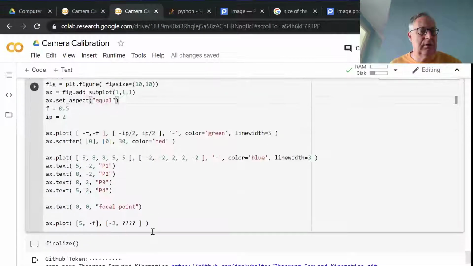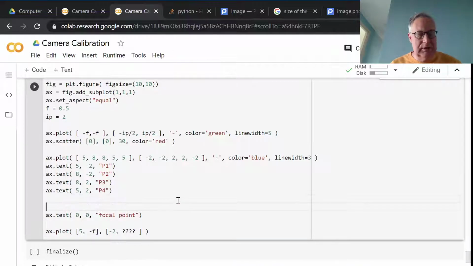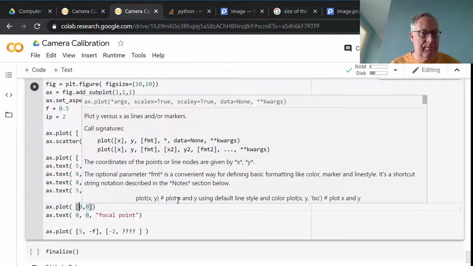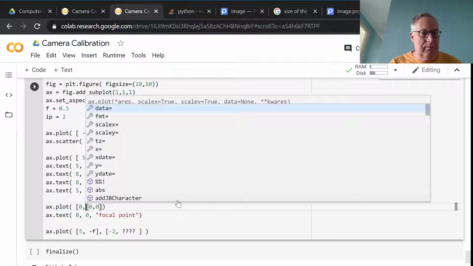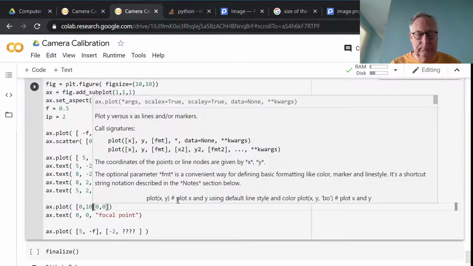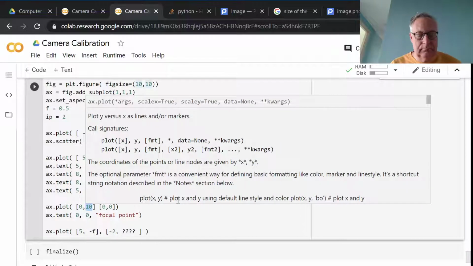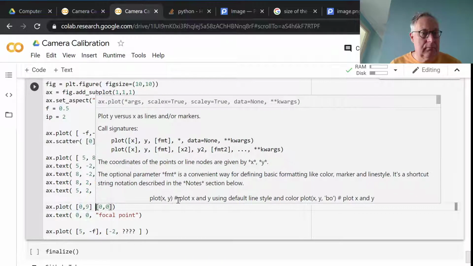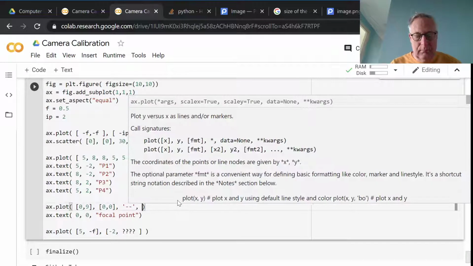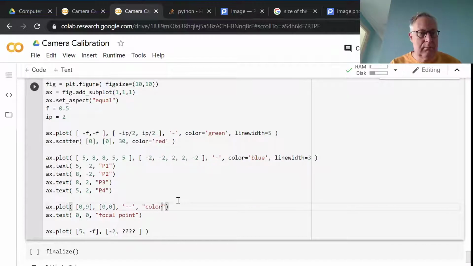In order to make it a little bit easier, I will plot a black line that helps in the construction.